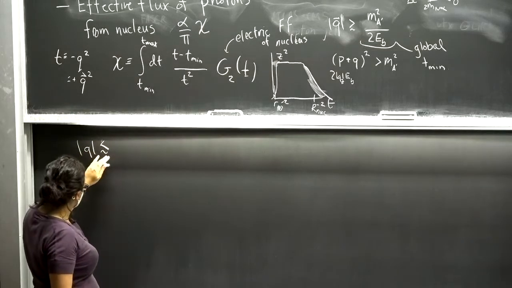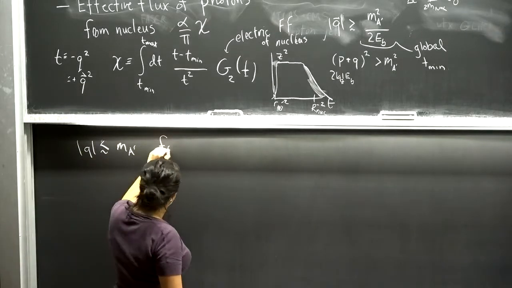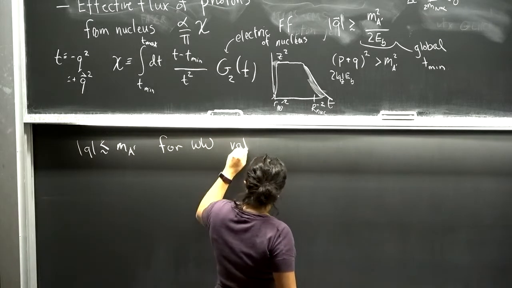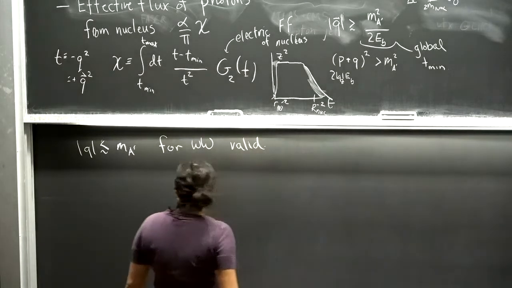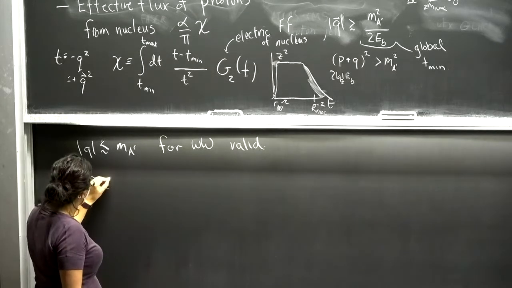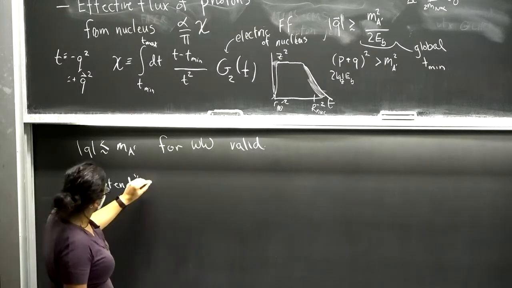You want to stick to Q less than M A prime for Weizsäcker-Williams to be reasonably valid. Because the next part of the approximation is going to be taking this effective flux of photons, these are virtual photons, and basically pretend that the virtual photons are real.